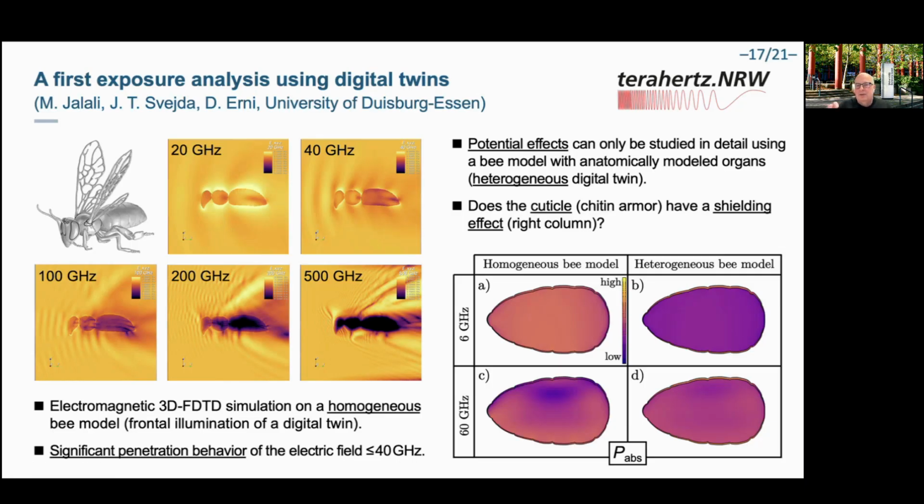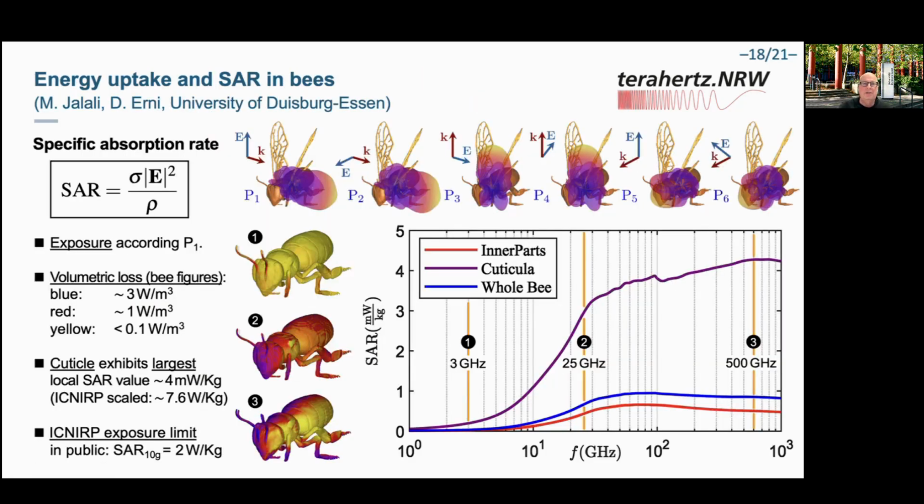This is due to the fact that the displacement current through this cuticle, through the chitin armor, becomes predominant. So at higher frequency, the inner parts might be exposed. But looking at this, we also have to deal with the material properties of the inner parts of the bee.